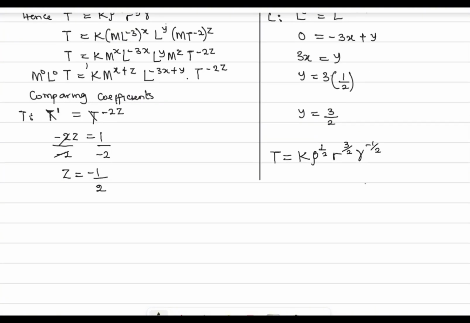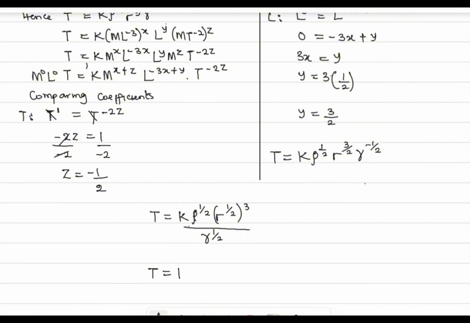You can go to say that T is equal to K, density raised to power 1 over 2, then R having a power of 3 over 2 eventually. Then surface tension now, since I have a negative, it will drop down to become power 1 over 2 also. So you can put this also into square roots if you want to simplify further.